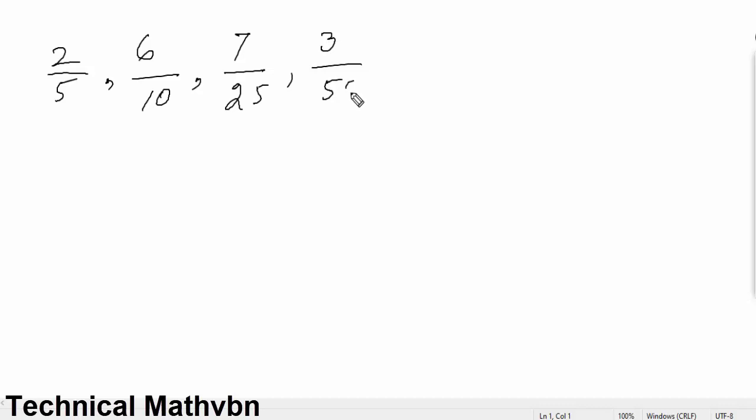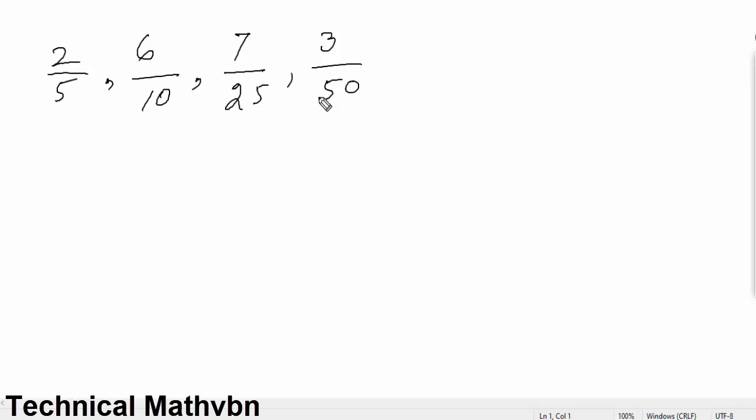You can see 2 over 5, 6 over 10, 7 over 25 and 3 over 50.